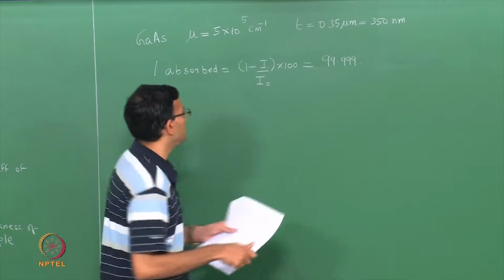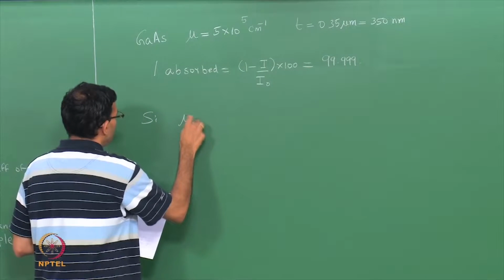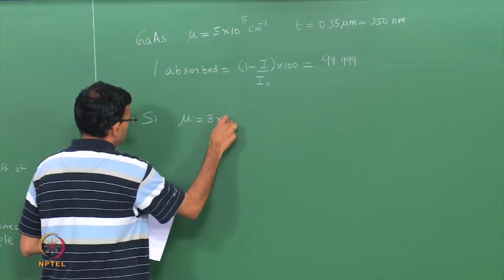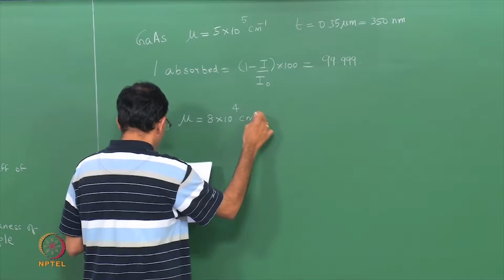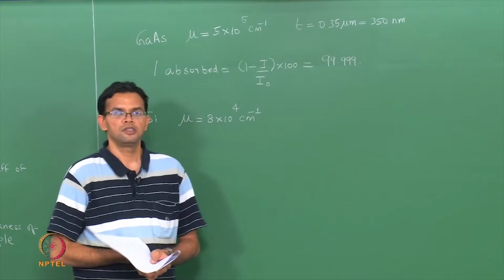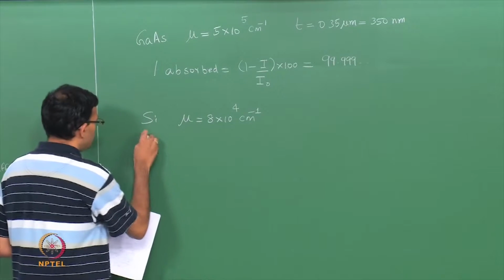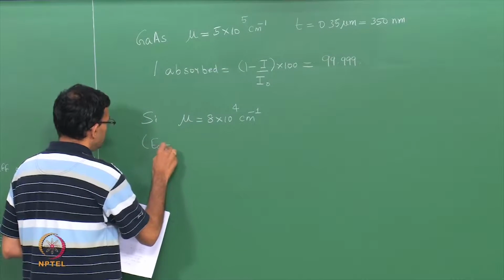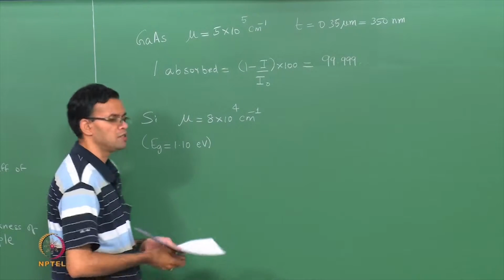We can do the same calculation for silicon. The value of mu is given in units of per centimeter. Silicon actually has a lower band gap than gallium arsenide. Eg of silicon is 1.10 electron volts at room temperature.